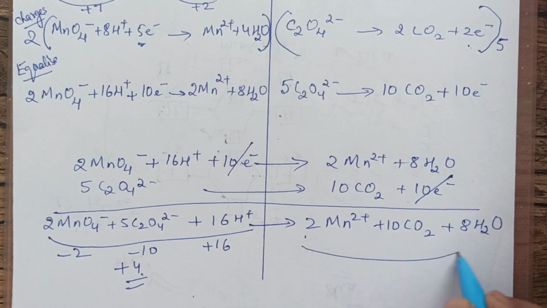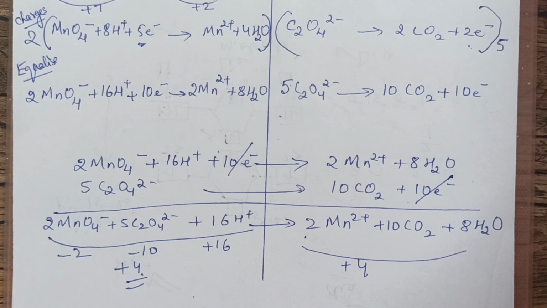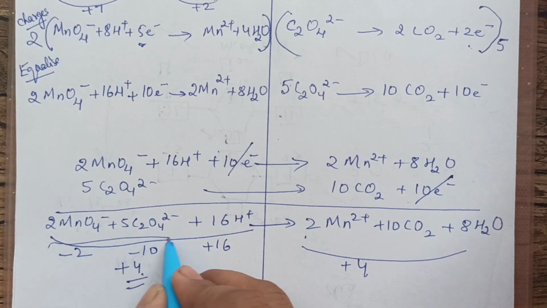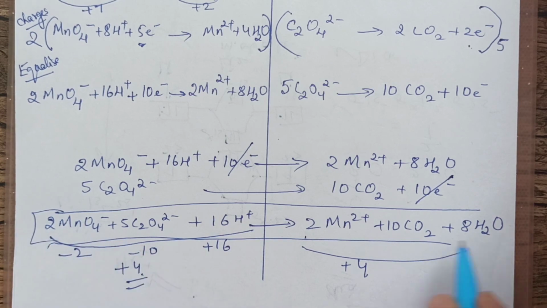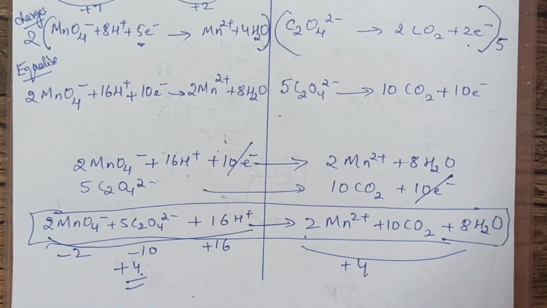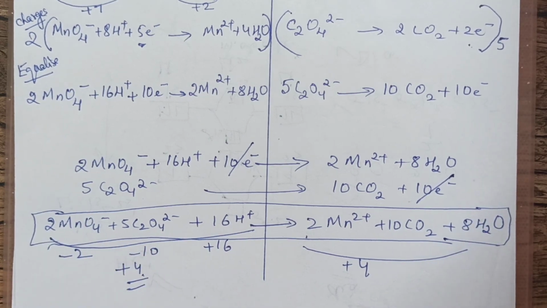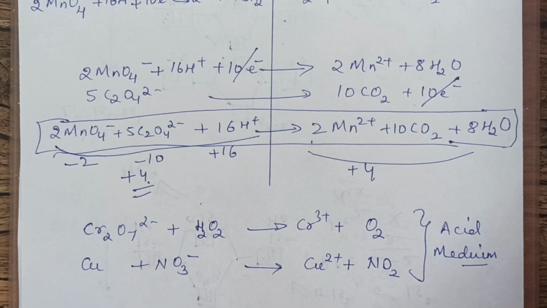These are all neutral. So you have plus 4 charge on the right hand side also. So that means our answer is correct. This is our final balanced equation. So if it is given in the ion equation method and you are asked to balance it in acid medium, you are going to follow these steps.